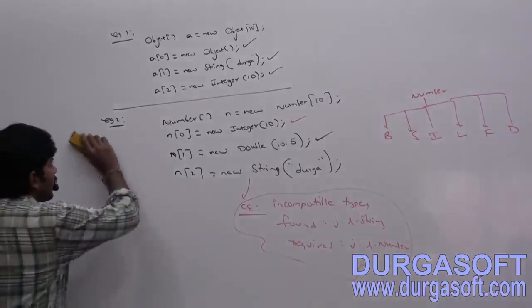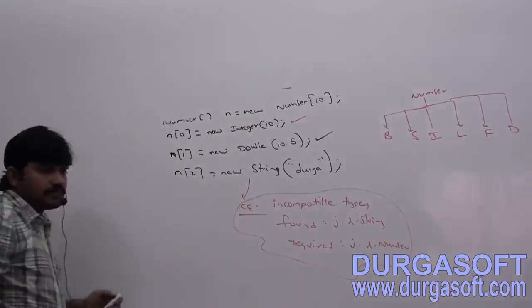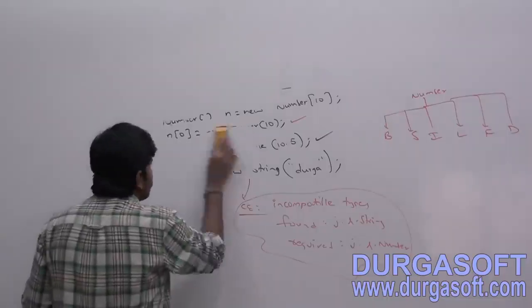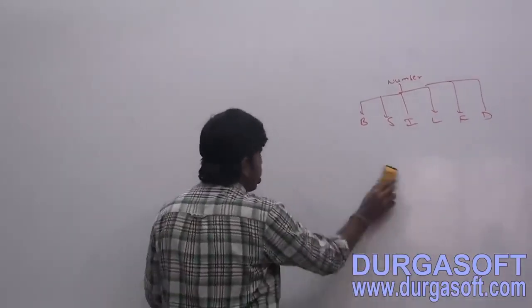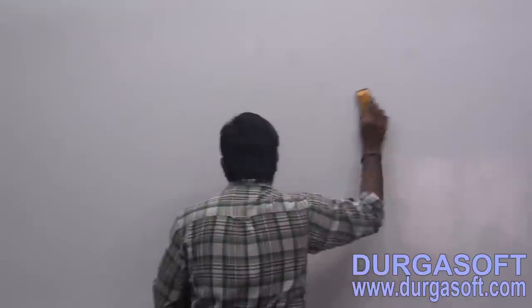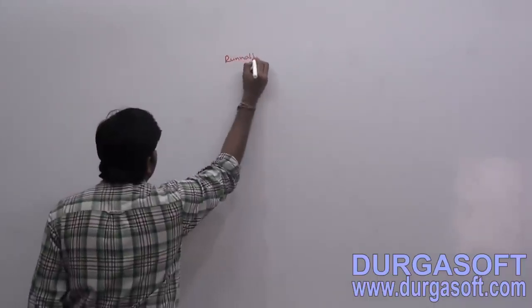Now let's go to case 3. If it is an interface type array, just observe. So we covered the number type, which is a child type. Next, case 3. Is this valid or invalid?